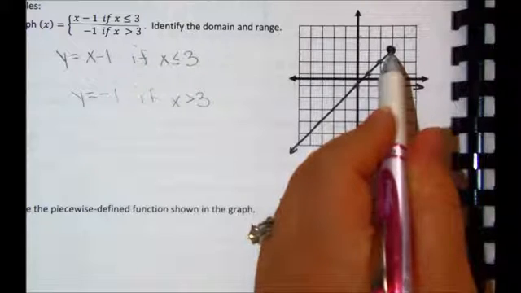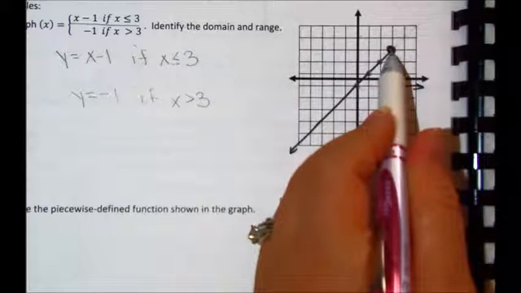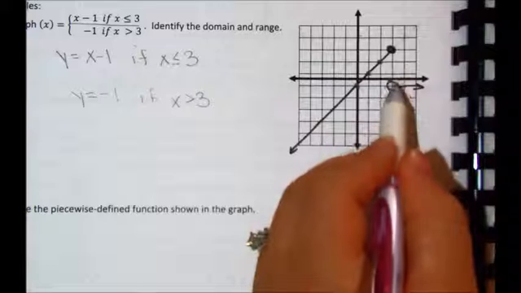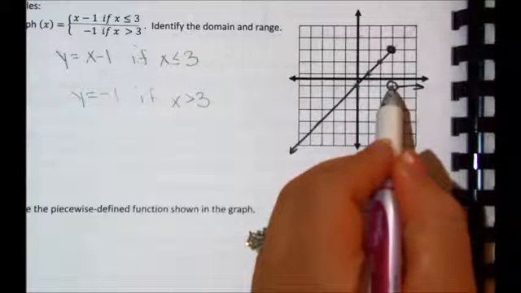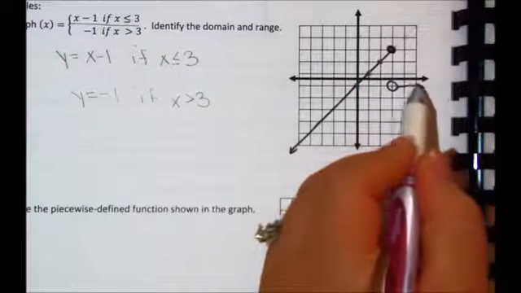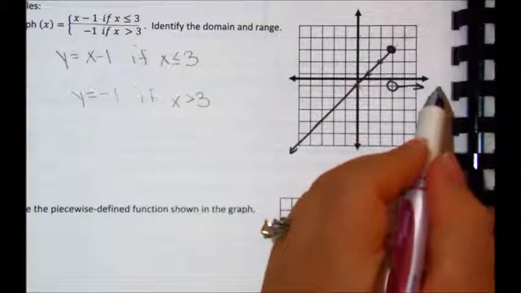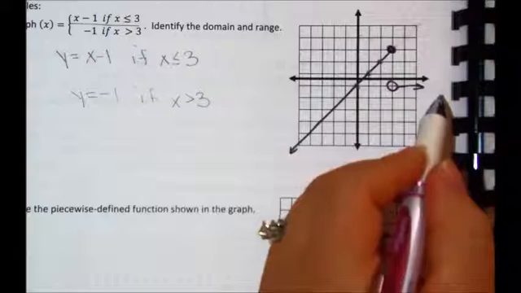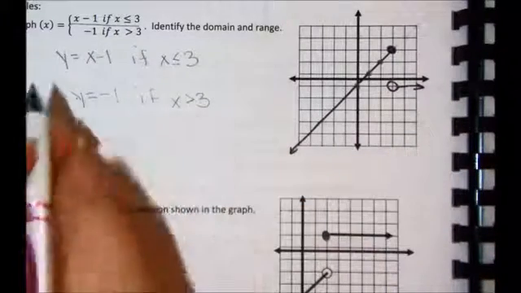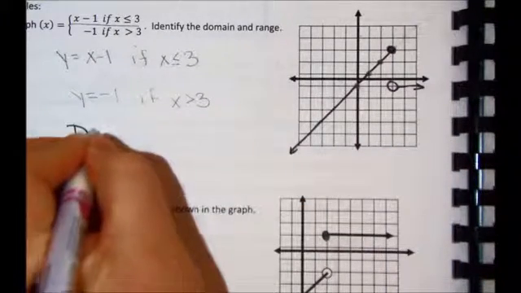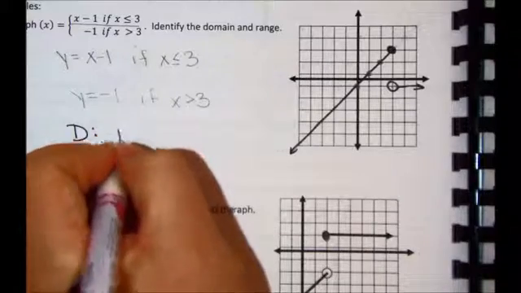From here, we're going to see if we can pick our graph up anywhere else. We can pick the graph up here on the second equation, and it continues where x goes to positive infinity. There were no spaces where x was missing, therefore the domain of this is all real numbers.